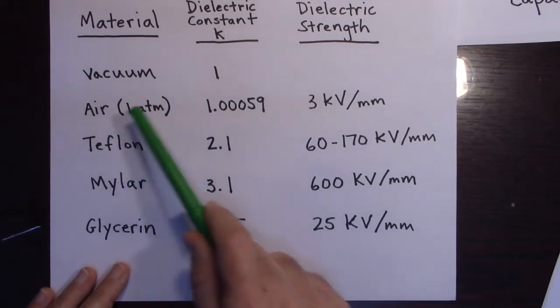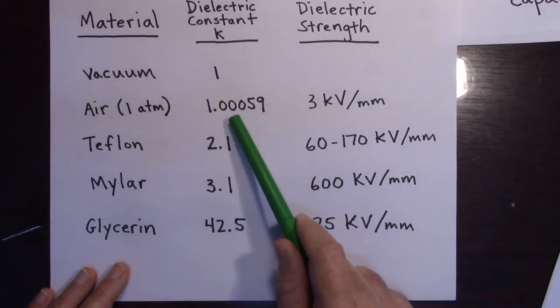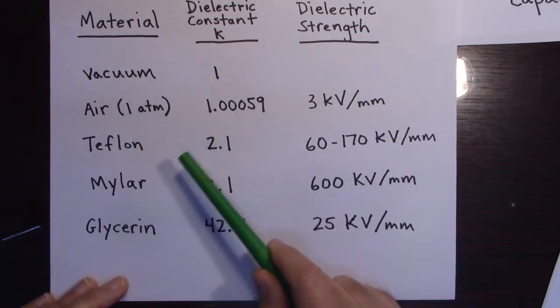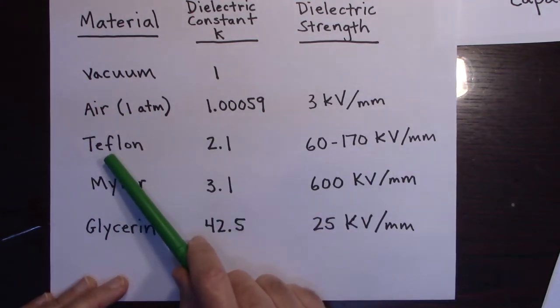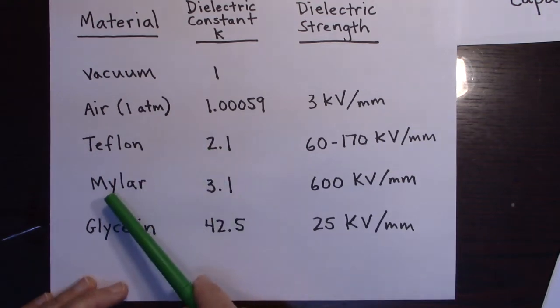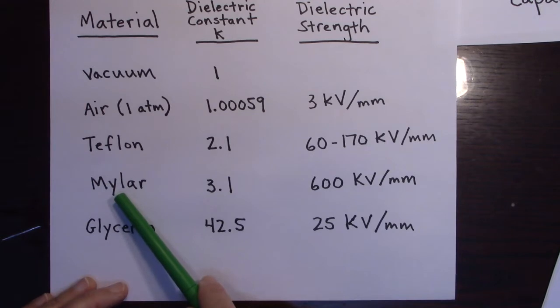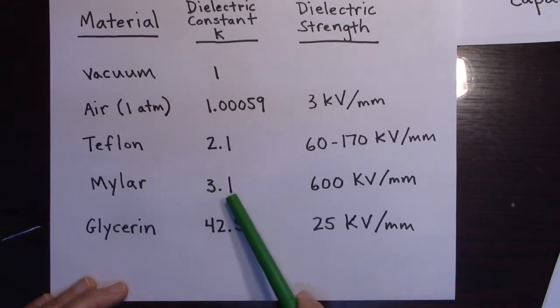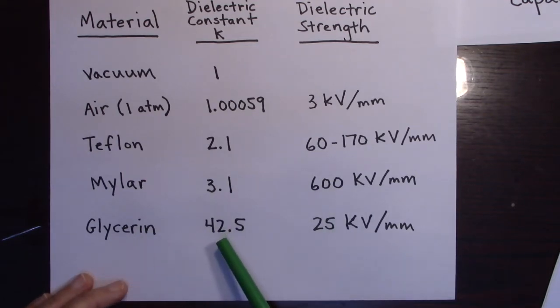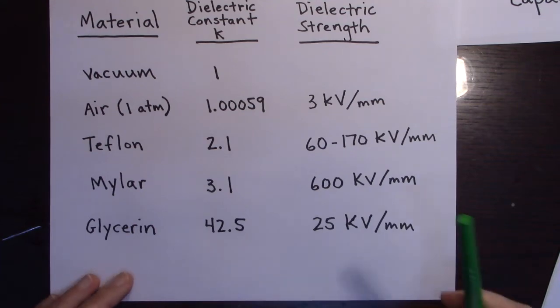If you put air in, you only increase it by 1.00059 times. That's at 1 atmosphere. But if you put Teflon between the plates, you increase it 2.1 times. If you put Mylar between the plates of a capacitor, you increase the capacitance by 3.1 times. Glycerin or glycerol is approximately 42.5 times.